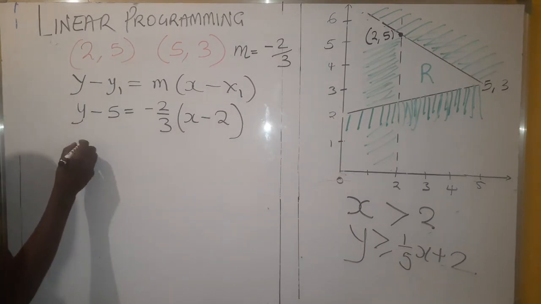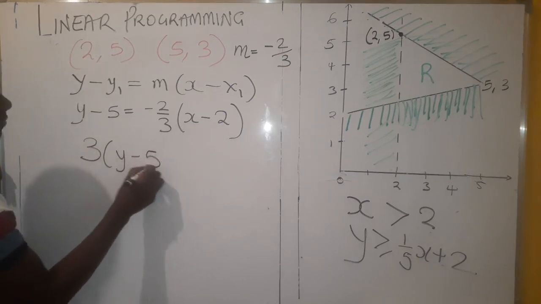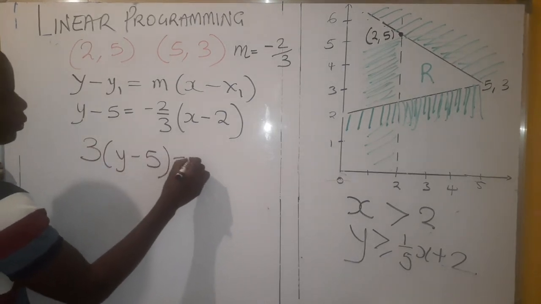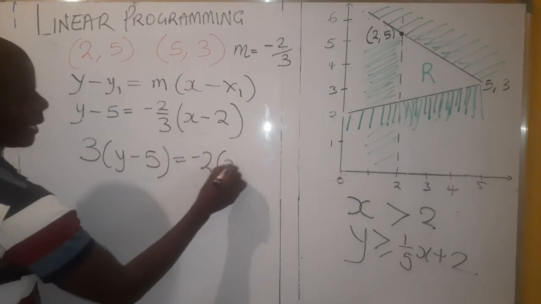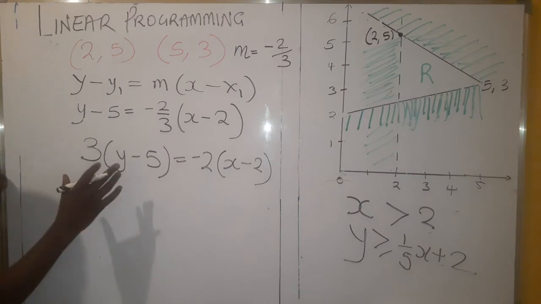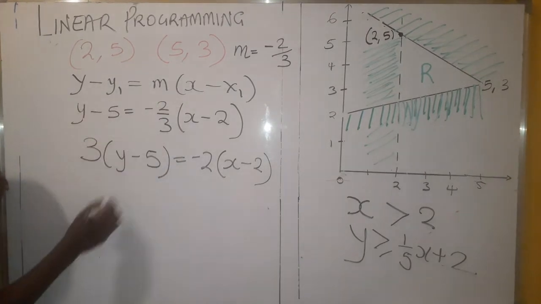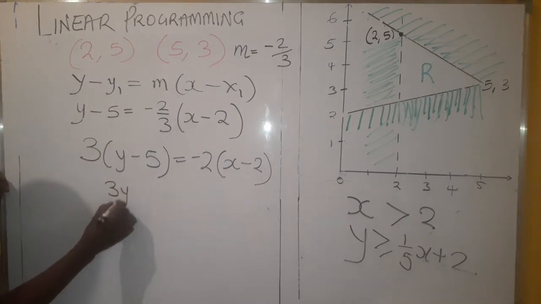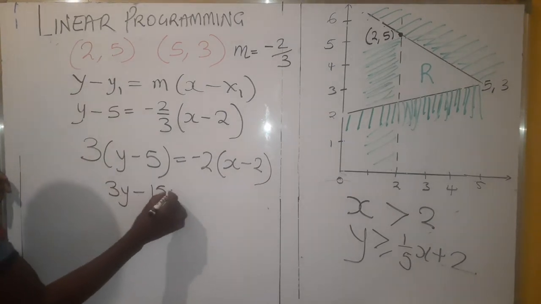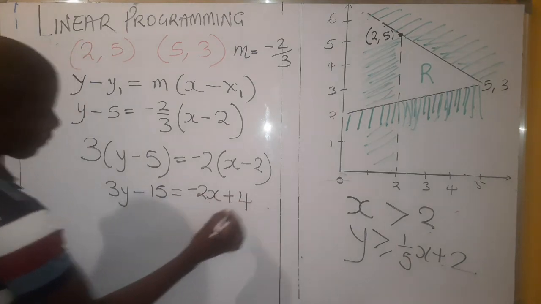So 3 times y minus 5 is equal to minus 2 times x minus 2. Have you seen what I've done? This is easier like this. So we have 3y minus 15 is equal to negative 2x plus 4.